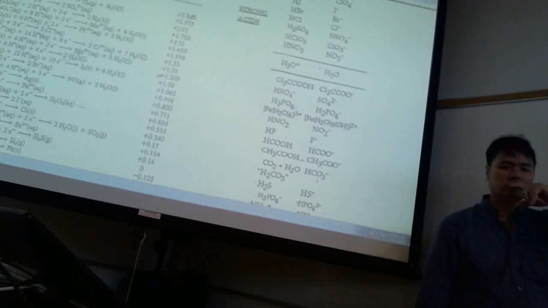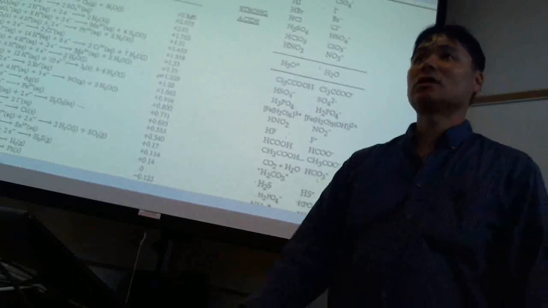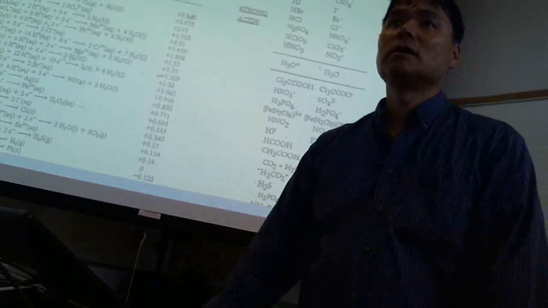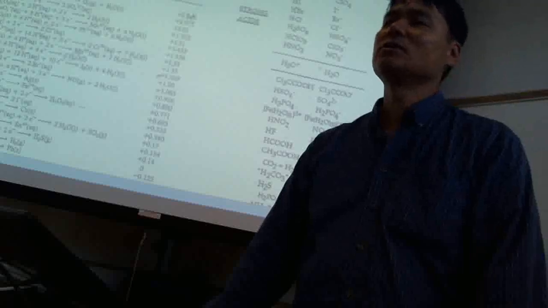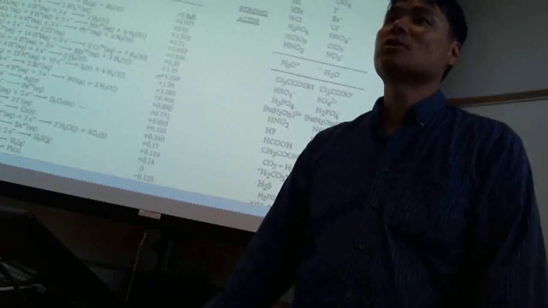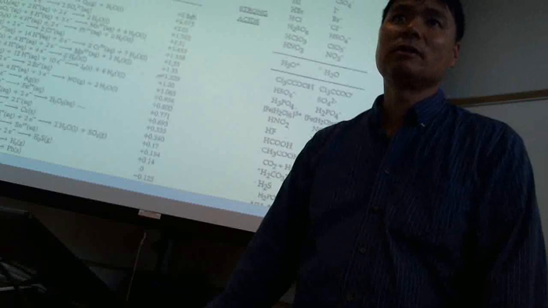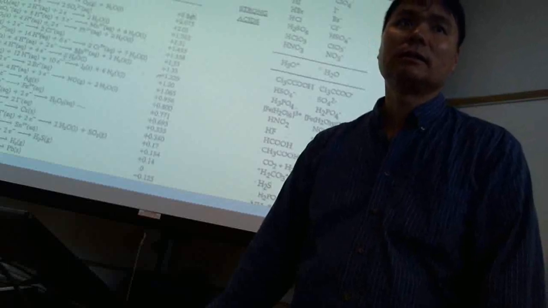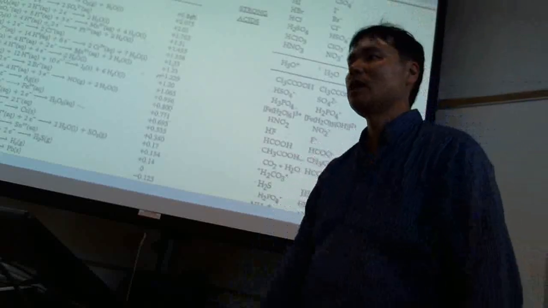And we should start recognizing strong acids and strong bases. Strong acids, we know easily what to do. We just dissociate them. But strong bases, you probably aren't familiar with what to do, right? And so strong bases, we got to hydrolyze them.